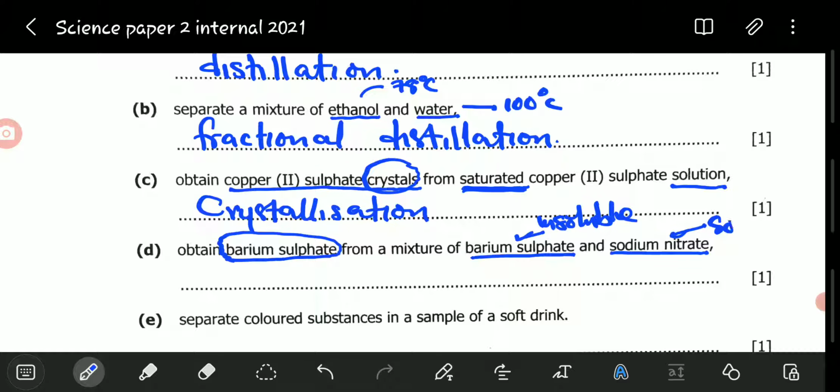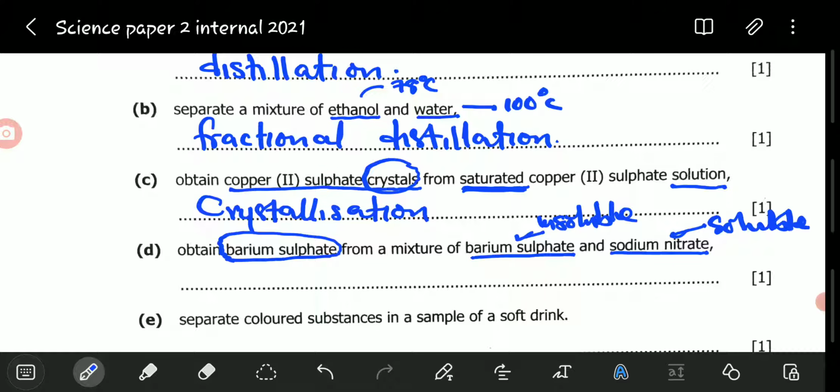This one is soluble. So how can we separate a soluble salt from an insoluble salt? They may be in solid form and they are mixed, but what we can do is put them in water, stir so that the soluble salt dissolves, leaving the insoluble salt behind as a solid. Then we can filter off the insoluble salt.